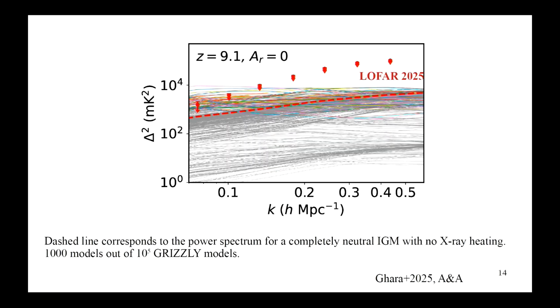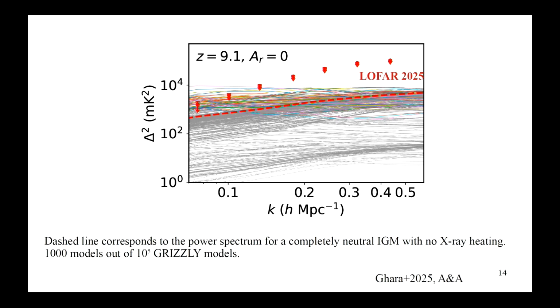Now, talking about these LOFAR results, the upper limits are here, and this is the 1 sigma error bar. So what we do is explore our source parameter space, and here I am presenting 1000 models randomly chosen from the entire set, and trying to see if any model is above this upper limit or not.